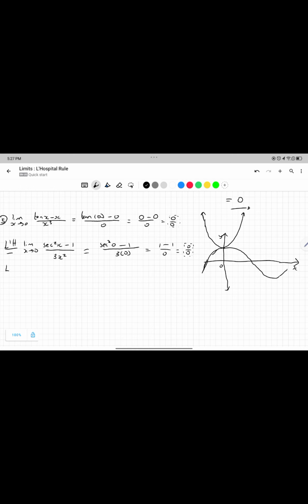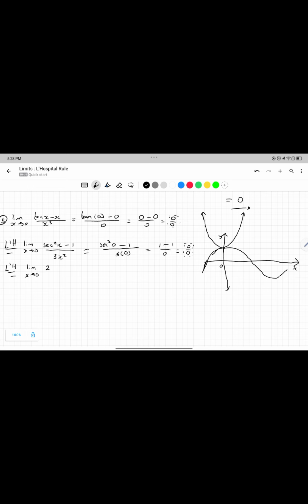So we also have to apply L'Hopital's rule, which is going to be as follows. We say 2, so we touch it outside first before we touch it inside.